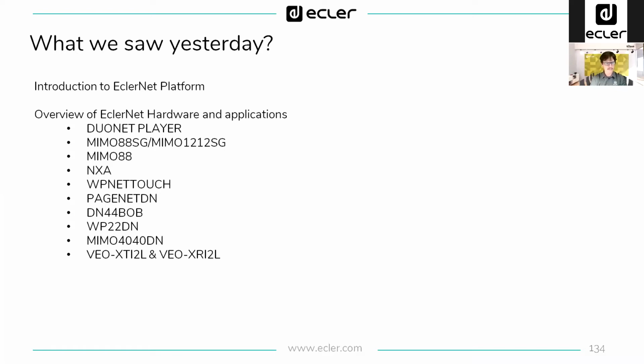NXA amplifiers, so they are multi-channel amplifiers with a DSP, and WPNet Touch, which is the control screen, PageNet DN, which is the paging station with a screen, and the two interfaces, DN44 Bob for in and out analog signals, and WP22DN, which is 2 in, 2 out, okay, 2 outputs.